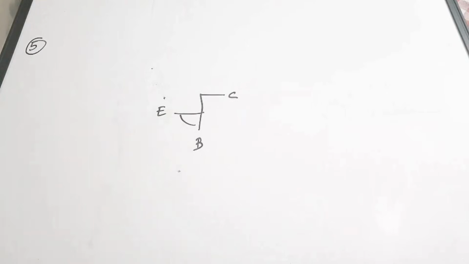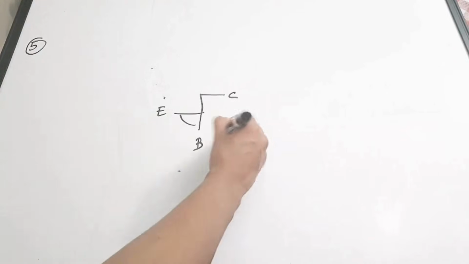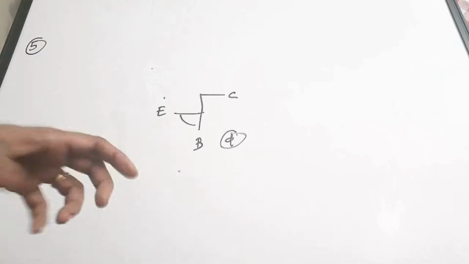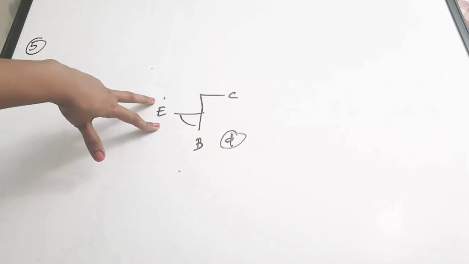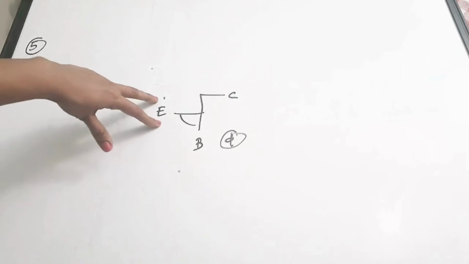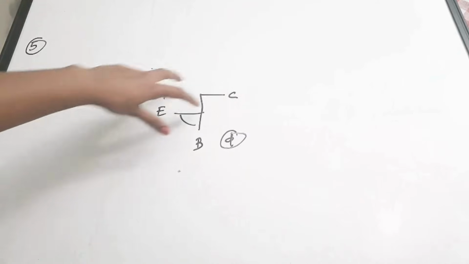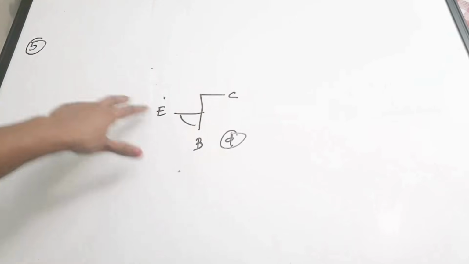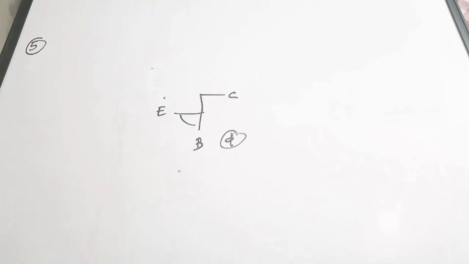So the correct answer is option D. But if somebody is asking you what is the input region, or the input terminal, it is emitter. Output terminal is collector. So we are going to apply the input between these two, emitter and base. So the correct answer is option D, emitter and base terminals.